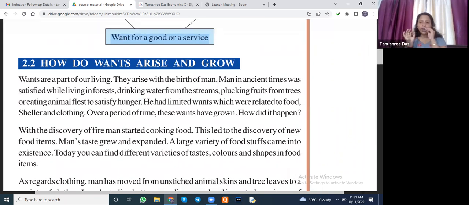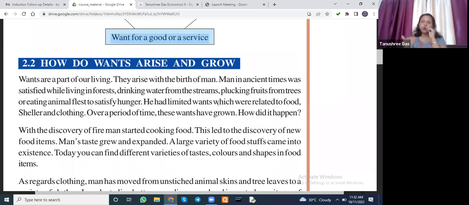Suppose as a human being, the first thing which is very difficult for us to manage is our hunger. Whenever we feel hungry, whenever we feel thirsty, we desire food and water. As per human behavior, due to birth, we have some inbuilt human potential which has to be satisfied.